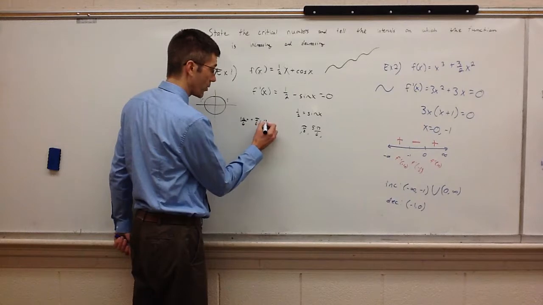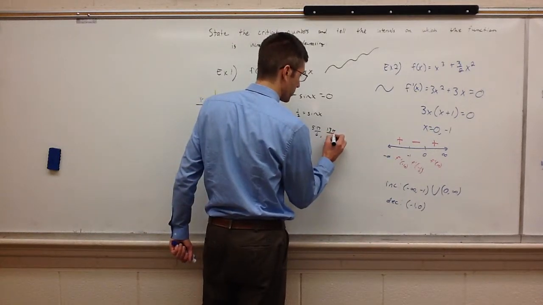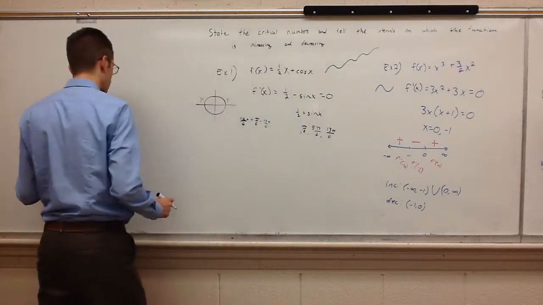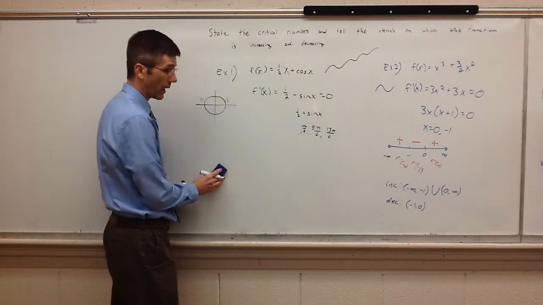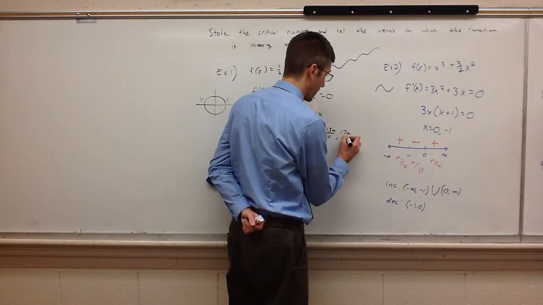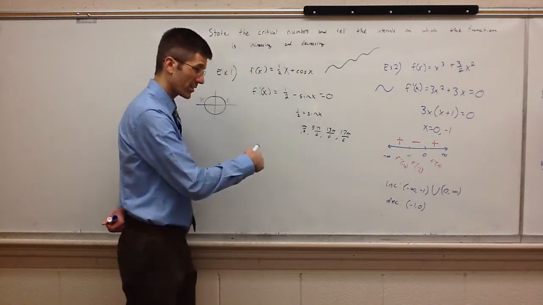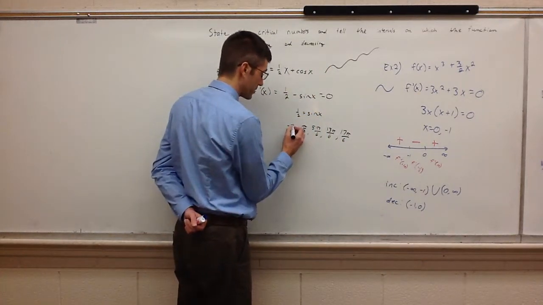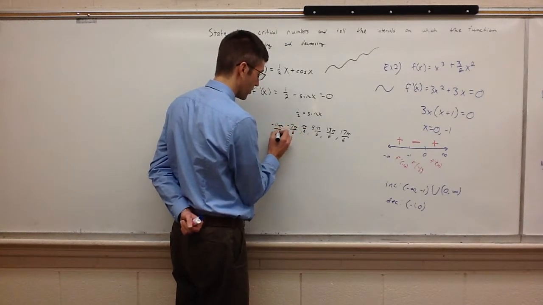And I have 13 pi over 6. And then 2 pi plus 5 pi over 6 is going to give me 17 pi over 6. And if you want to get technical, you could go back the other way too. And that would be negative 7 pi over 6, negative 11 pi over 6.